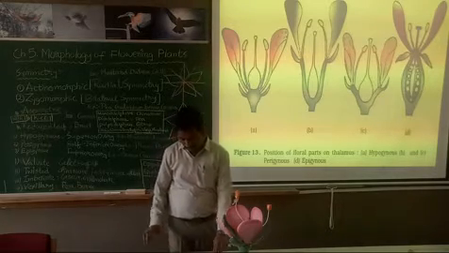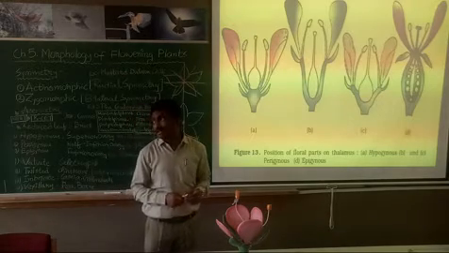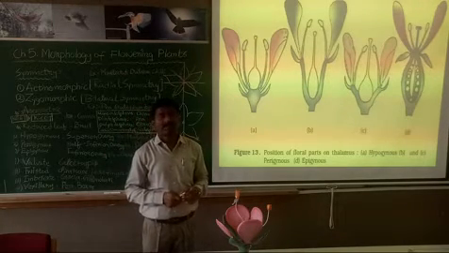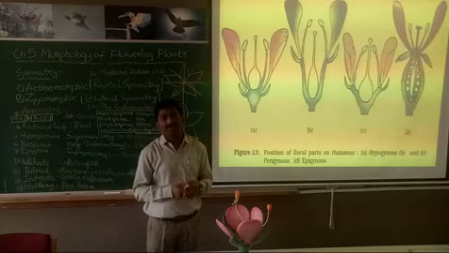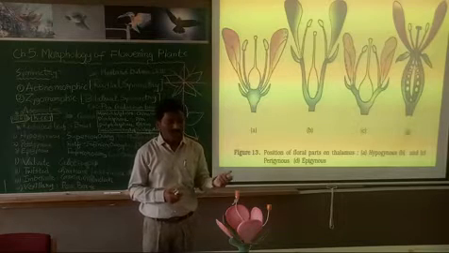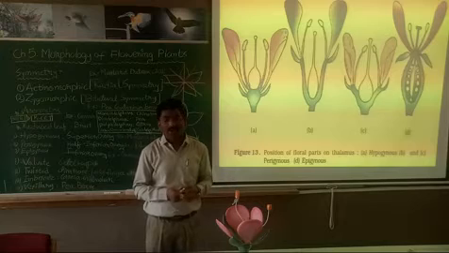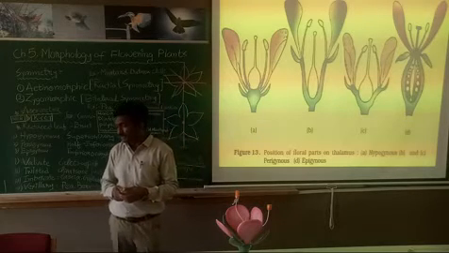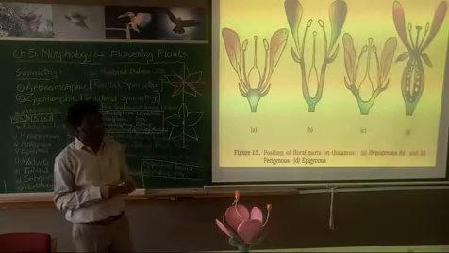Such kinds of flowers are called unisexual flowers. Unisexual flowers you can see in nature in many plants like papaya and date palms. These are different examples for unisexual flowers. As I told you, examples for bisexual flowers are hibiscus or China rose, pea, and beans. Next, another important concept I am going to continue here.